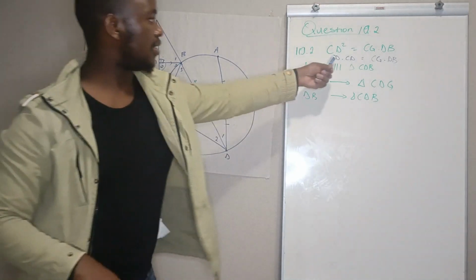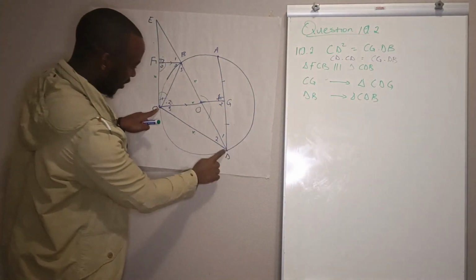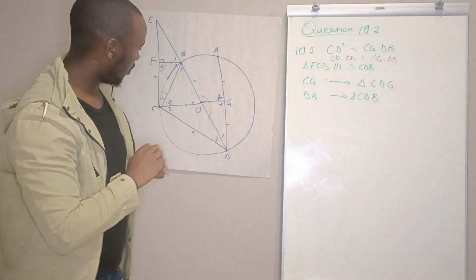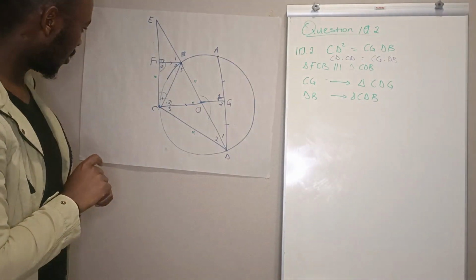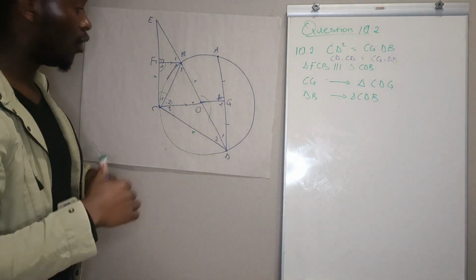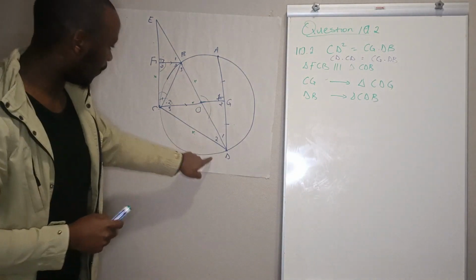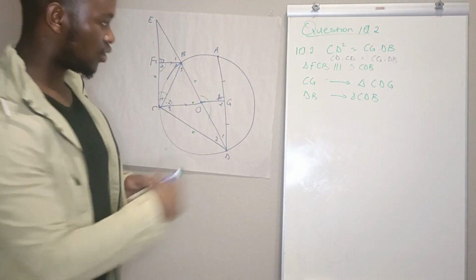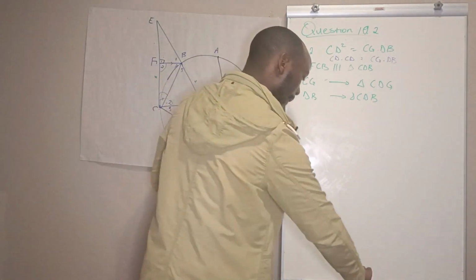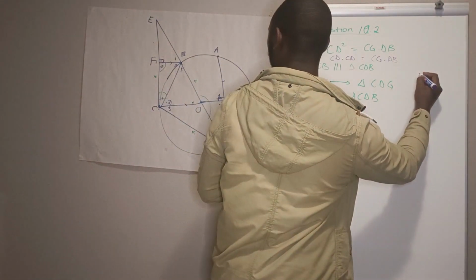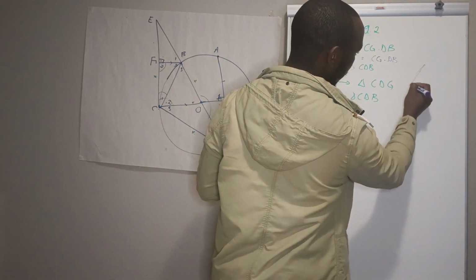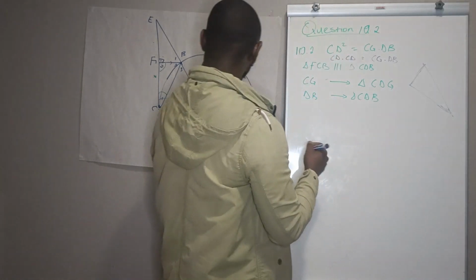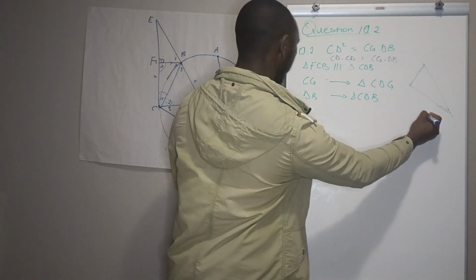Then we've got CD. You see that CD forms part of this triangle, but you have to be very observant here. To make things simpler, CD forms part of this triangle, but it also forms part of this one. So if we were to separate the two triangles, we have a triangle that looks like this, and then a triangle that looks like this.